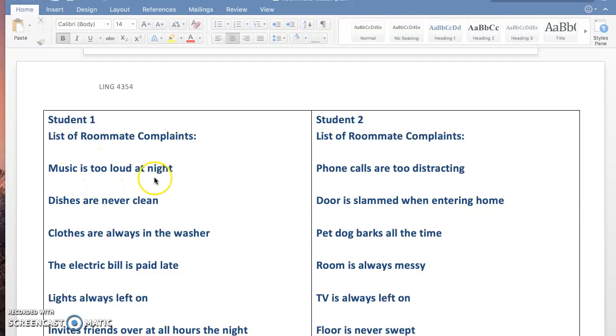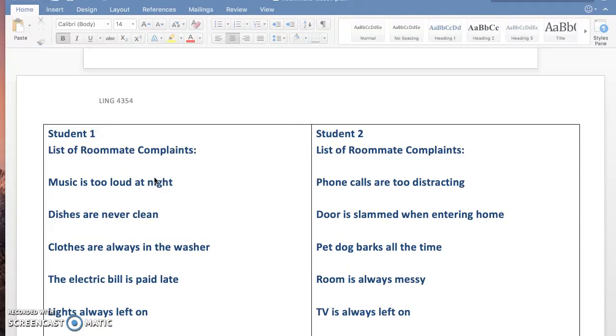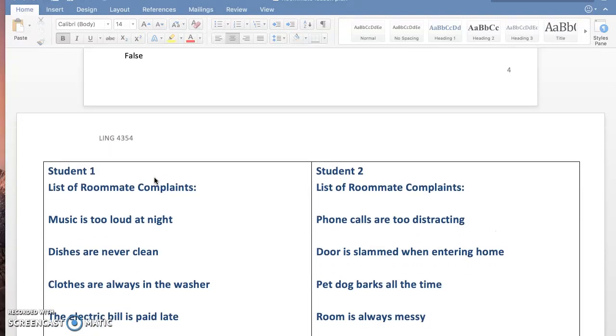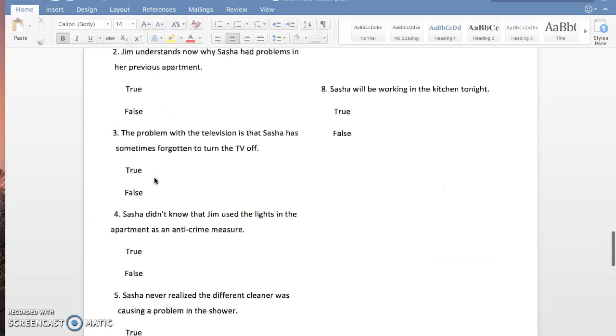So if the music is too loud at night, the student can say, I was hoping you could turn your music down at night, or I was hoping you could turn your music down after 9 p.m. Something of that nature, using those language softening techniques to come across as a polite person.